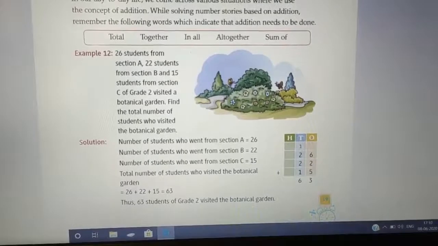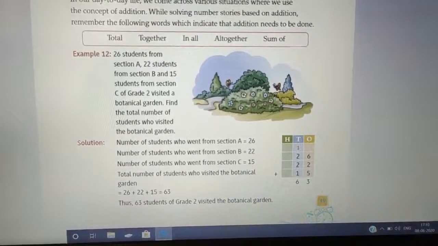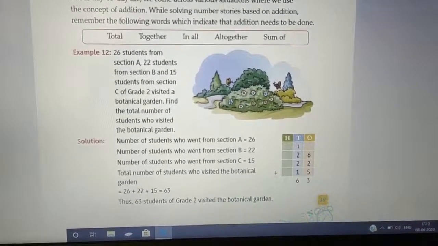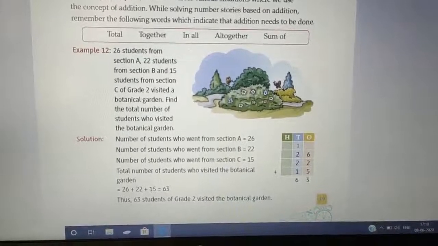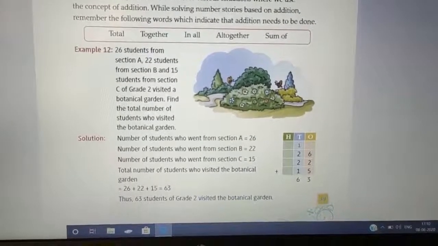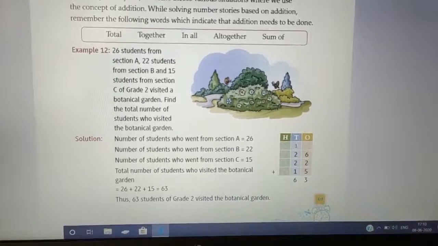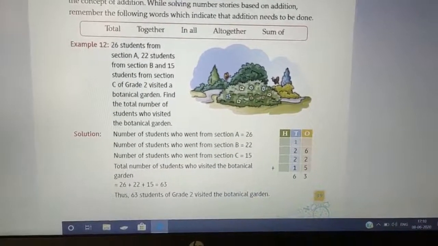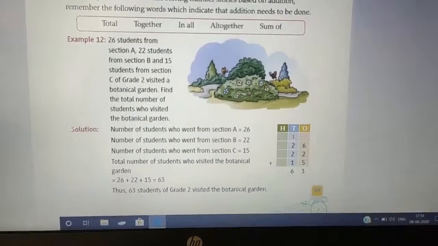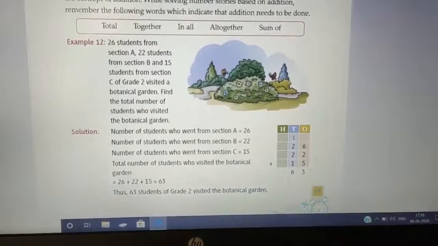As we are also going on a field trip, your ma'am is also counting the number of students in a bus. Have you noticed it? Your ma'am is counting the total number of students in a bus.